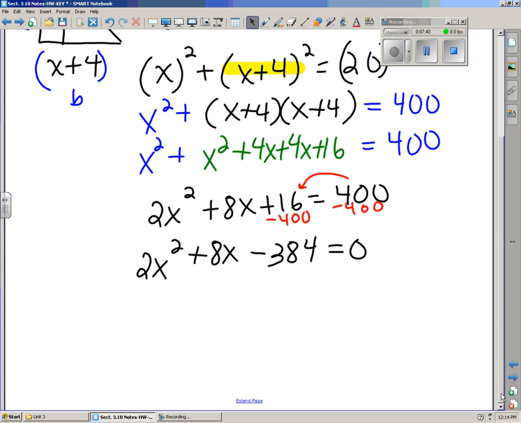We've got to factor this thing, and there's a GCF. All the numbers are even. The GCF is a 2. What's left over? x squared plus 4x minus 192 equal to 0. What's left over in your parentheses can be factored by I am.